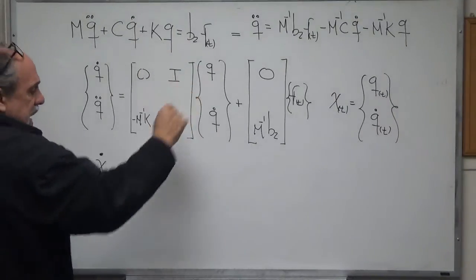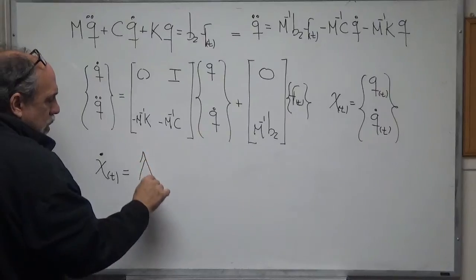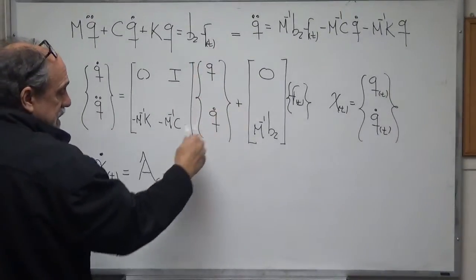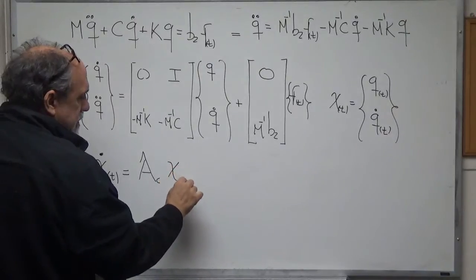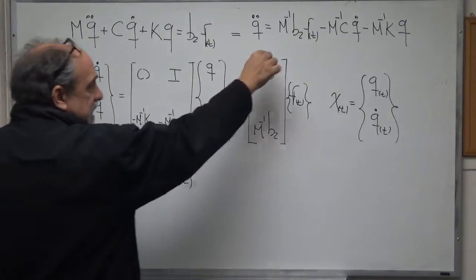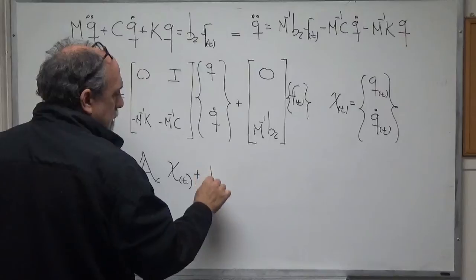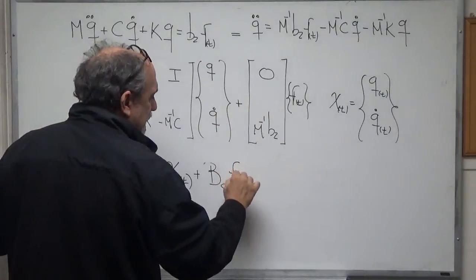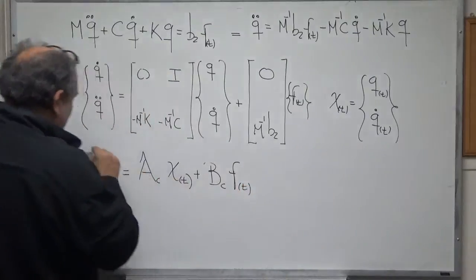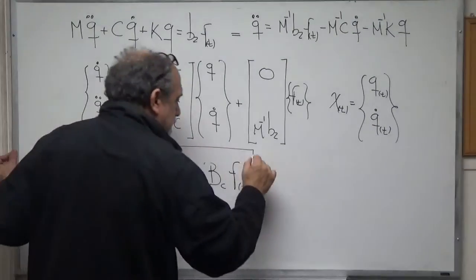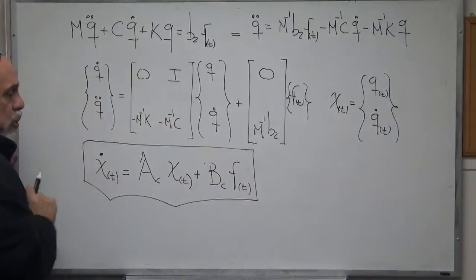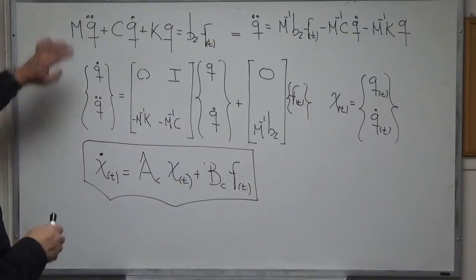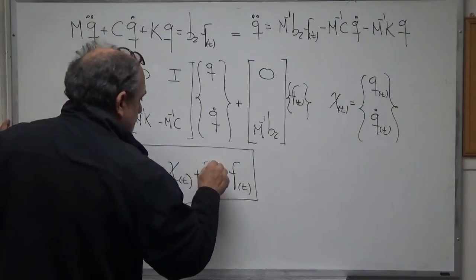This matrix I can give a name, and I will call it AC. And this is x(t). This matrix I will call BC, and that is F(t).